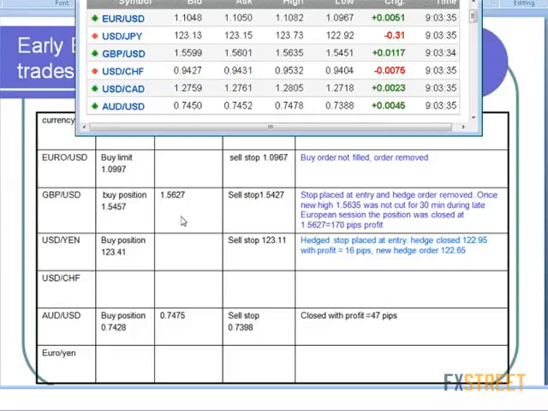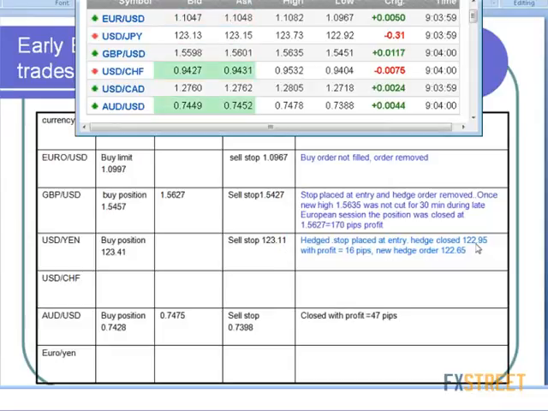Then in the case of yen, I took a buy at 123.41, and it was not going higher than 123.41. So I could not keep a stop at entry, and it came down and hedged me. The sell stop was filled at 123.11, which was placed 30 pips below.